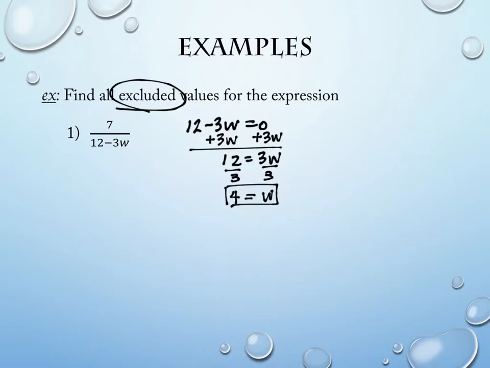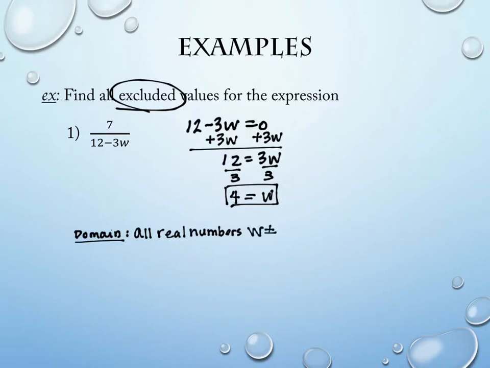Similarly, if I were asked what the domain is, the domain would be all real numbers where it's not 4. This question doesn't ask for it, but I want to make a reference to it anyway.